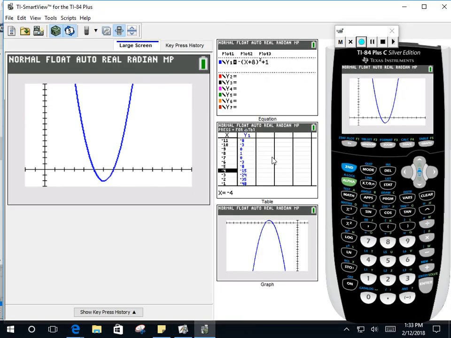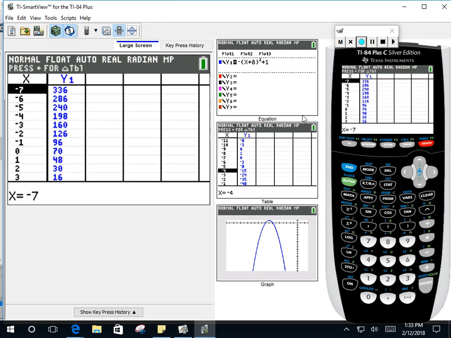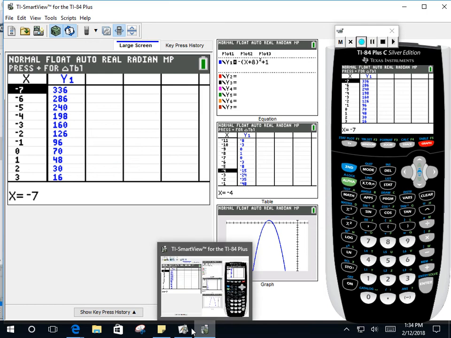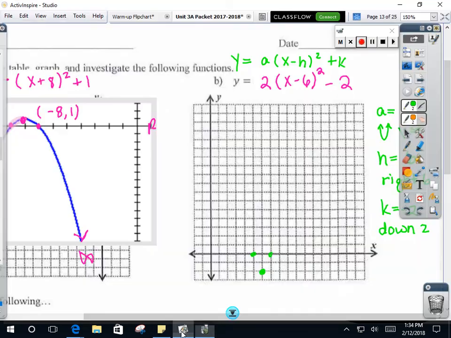Okay, we're going to the second table. And then when I look over here, I definitely can't plot any of these points because they're too big. 316 I can probably do. So that would be right 3, up 16.